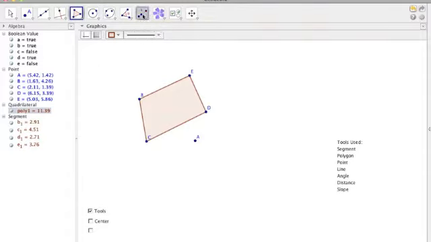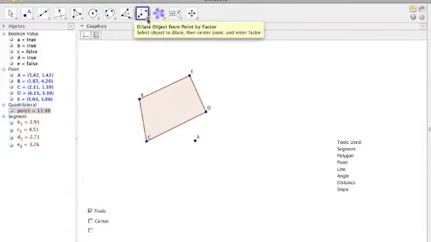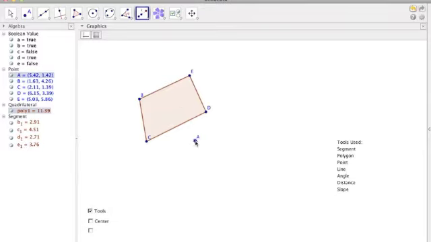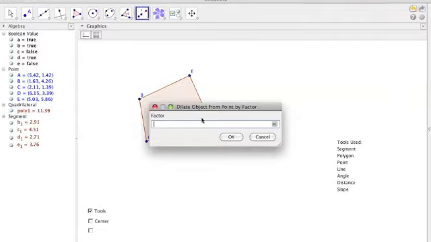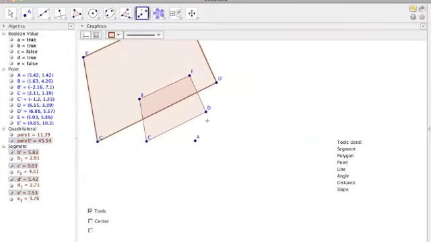And then I'm going to use the dilation tool, which is down here at the bottom. I select the object, select the center of dilation, and then I create my scale factor. And then I have a dilation.